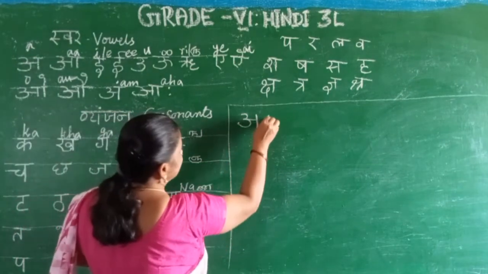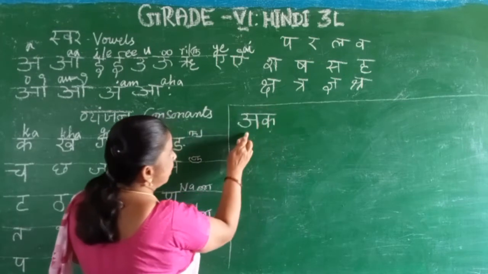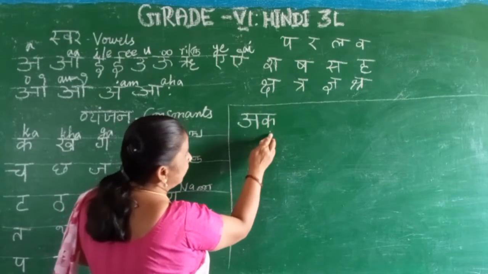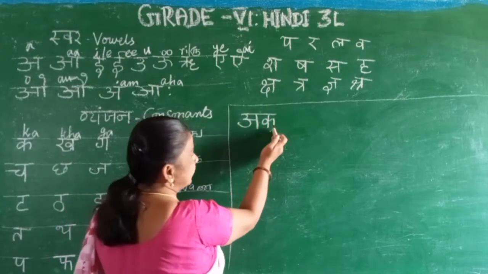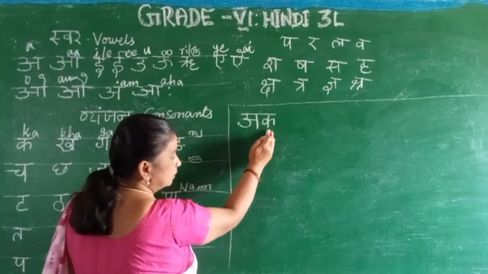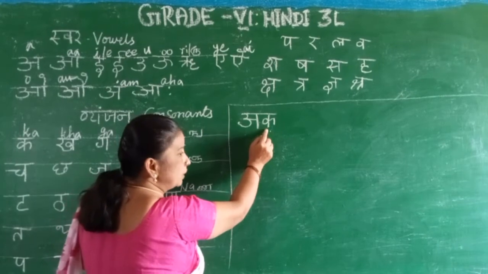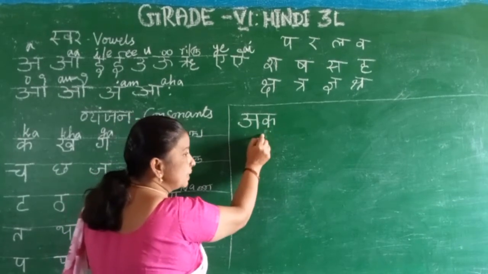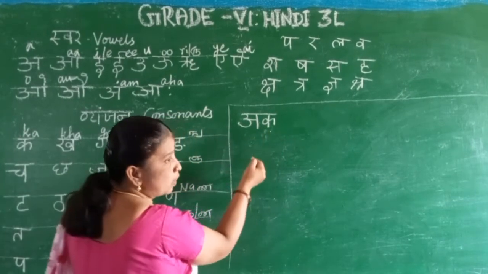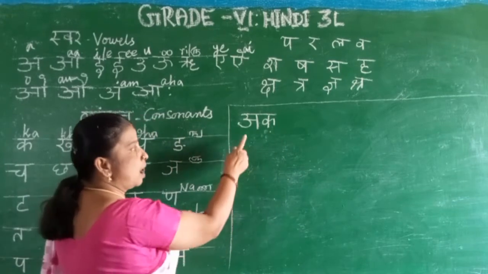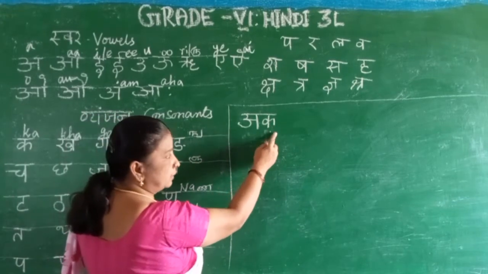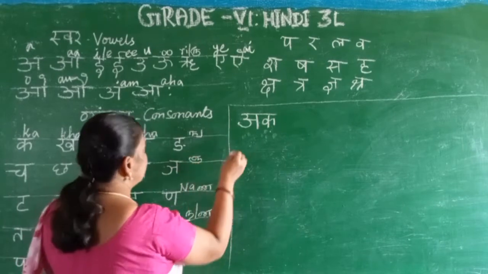How to read? A, ka, ak. The ending letters, these words are two-letter words. The last sound is ka, but it is considered a meyeluthu sound, the semi-consonant sound, k. A, ka, ak.